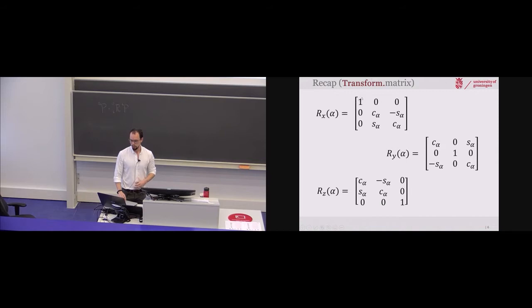So you have a 1 in position 1, 1, and then you have a block of a 2 by 2 matrix that is cosine, minus sine of alpha, and sine, cosine of alpha. And then there are the others that are just basically a shift in this structure. But as you can see, the elements are always the same. So these are the basic rotation matrices.